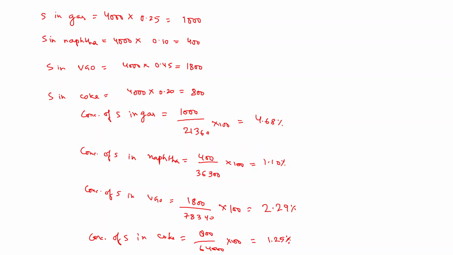So the answer is: in gas it is 4.68%, in naphtha it is 1.10%, in gas oil it is 2.29%, and in coke it is 1.25%. Is it clear?